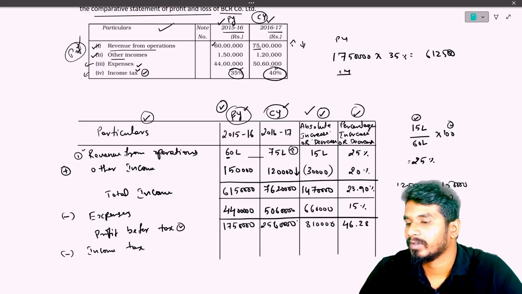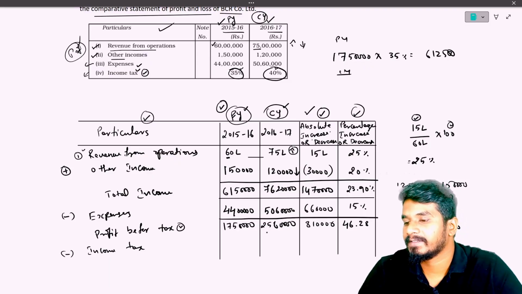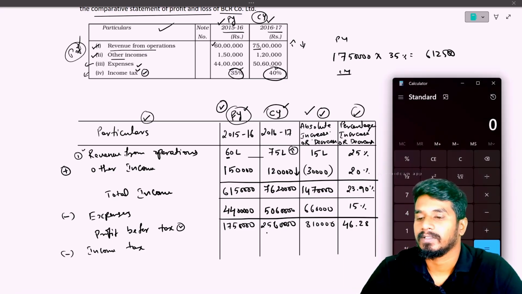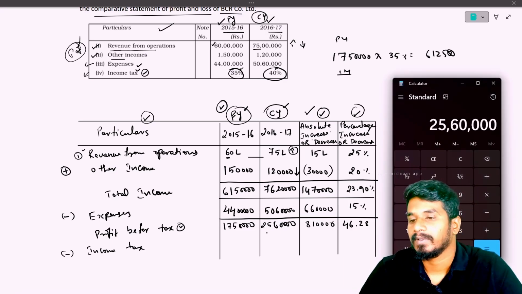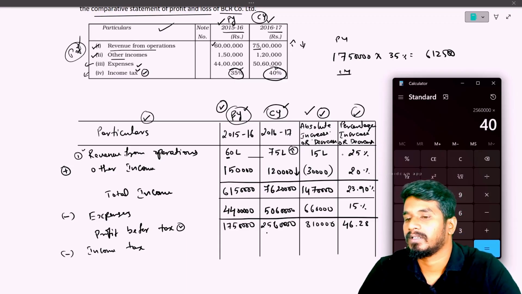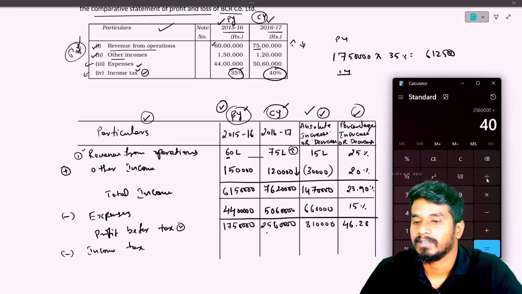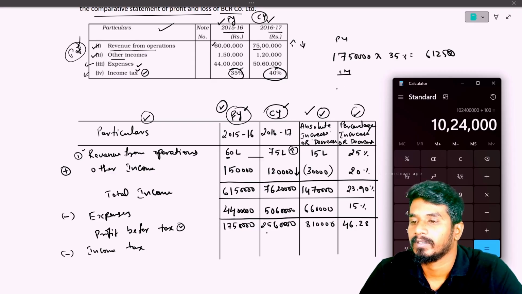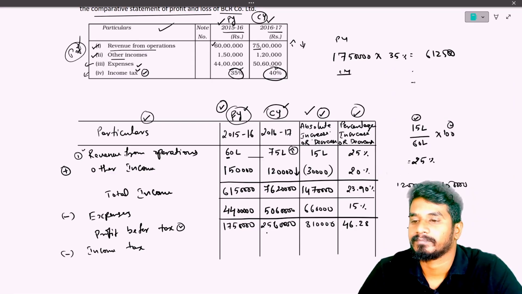For current year, what is the amount? 25 lakh 60,000 is the profit before tax for current year into 40% tax divided by 100 equals 10 lakh 24,000 for current year.